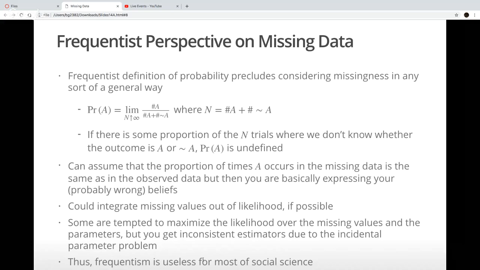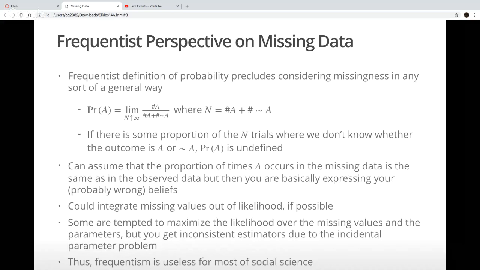About the only thing that is actually a good idea is integrating the missing values out of the likelihood function and maximizing it with respect to everything else. But that's not going to be possible in very many circumstances. One thing that sounds like a good idea and is actually a terrible idea is to maximize the likelihood function over the coefficients and everything and the true values of the observations that go missing.